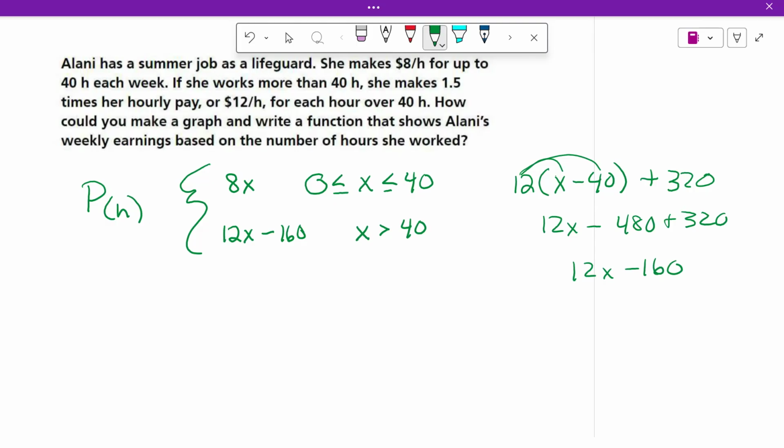So if she works 1 hour in a week, she'll only get paid $8. If she works 20 hours, she'll get paid $160. If she works 40 hours, she gets paid $320.